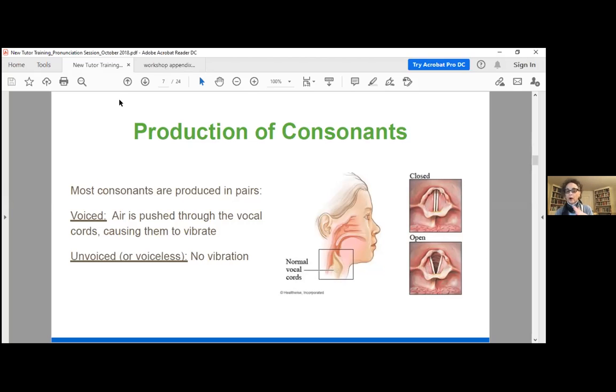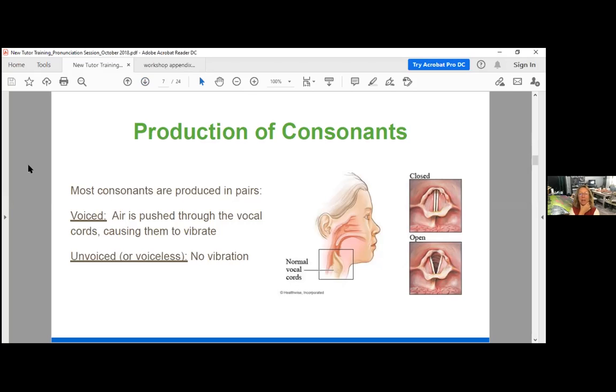Now, I'm sure you don't know what I'm talking about, so I want you to put your hand on your throat where your larynx is, right here. And I want you to sustain the sound of the letter S. Everybody do that? Now, keep your hand on your throat and sustain the sound of the letter Z. What's the difference that you felt between those two sounds?